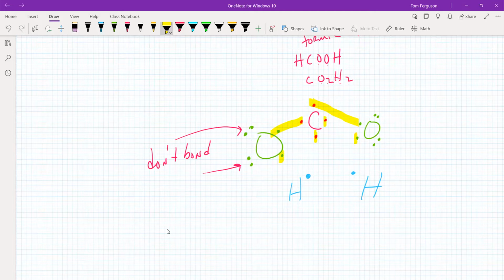Okay, those are all candidates to connect. So let's connect this hydrogen to that one. And then let's connect up this hydrogen to that. Okay. So we connected everything with at least one bond. Is everyone okay with that?